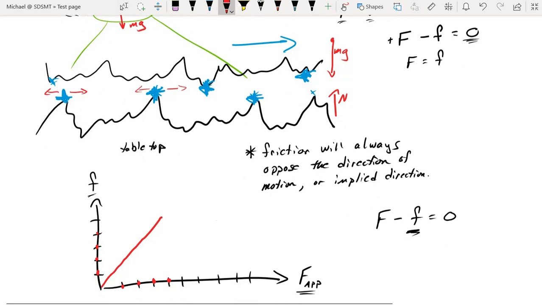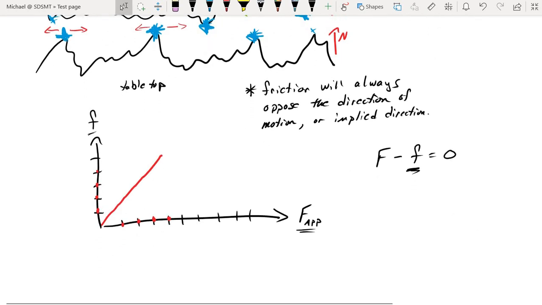And when that happens on our graph, we're going to see that sort of jerk motion, and then it doesn't matter how much more applied force we try to give that block. The block is now in motion.